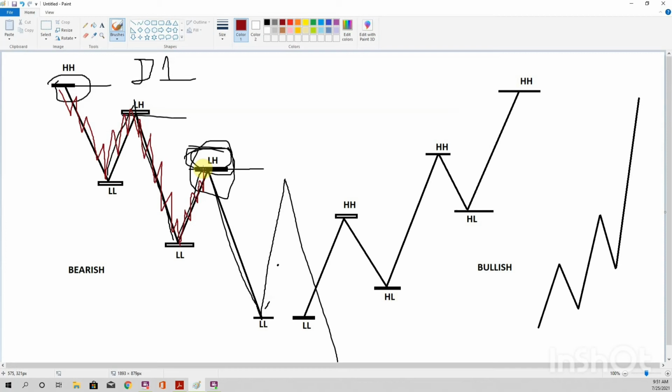So what I need you to understand is that price is fractal. That's the first thing. Secondly, price has no time. So price does the same thing on every time frame, day in, day out. There'll just be variations of the theme of market structure.